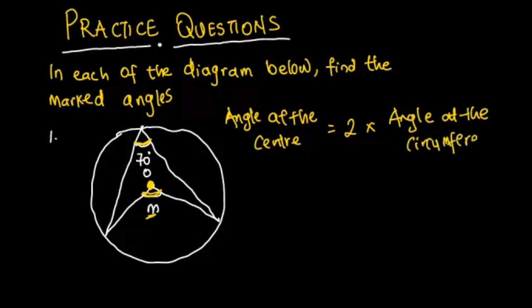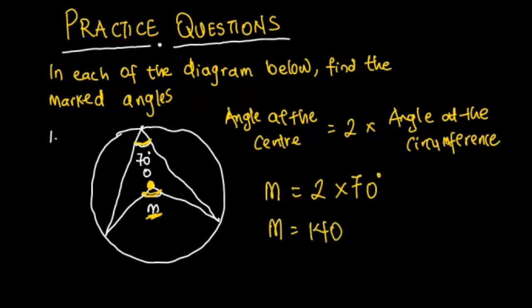So in this case, we know that the angle at the center right here, M, is equal to 2 times. Now the angle at the circumference is 70 degrees. So therefore, the angle M will be equal to 140 degrees. So this is the answer to the first practice question.